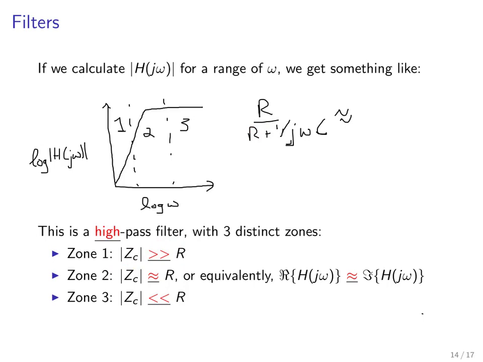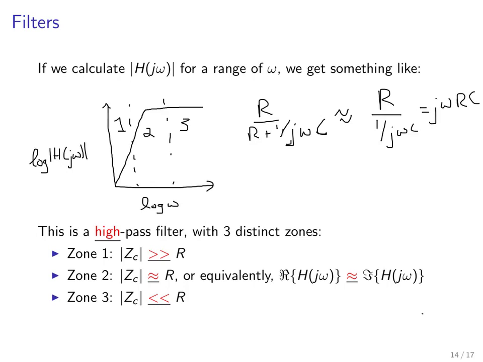So for small frequencies this is approximately equal to R divided by 1 over j omega C, which is equal to j omega RC.